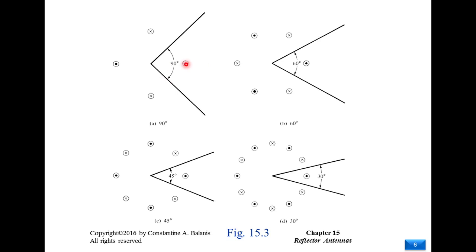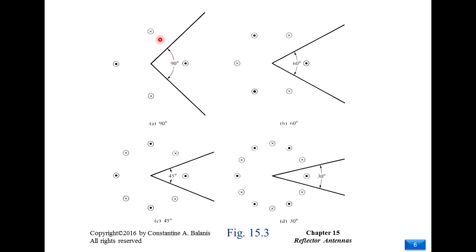We have a source here and a grounded metallic plane, which we assume is infinite. The idea is to fulfill the boundary condition on the corner. So we have an opposite orientation for this feeder so that we fulfill the boundary condition on this arm. We have another image to fulfill the boundary condition on this arm.